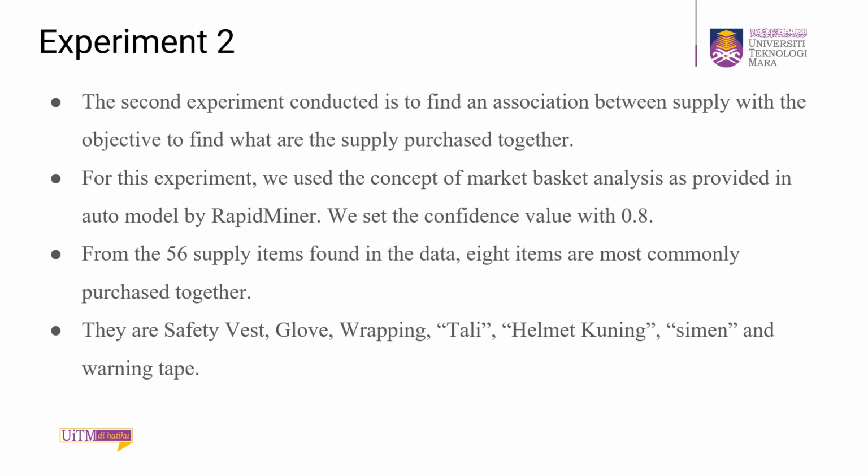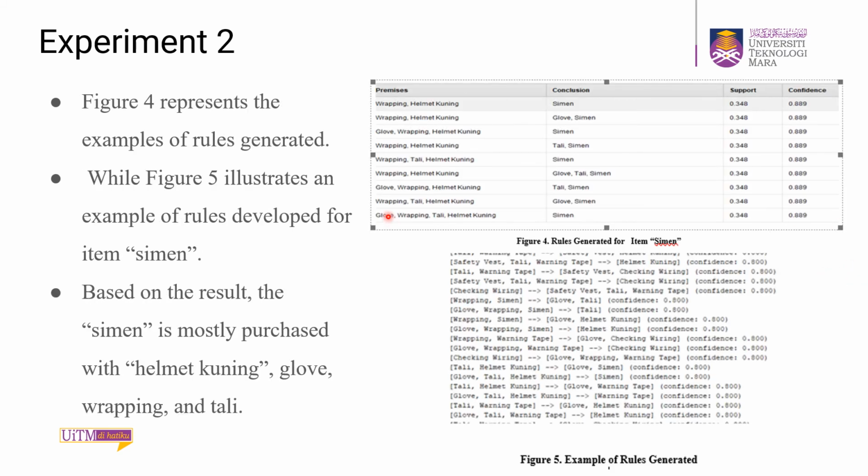So we know that those 8 items are purchased together. NADI Enterprise can, when they purchase one of the items, for example wrapping, consider purchasing cement also.